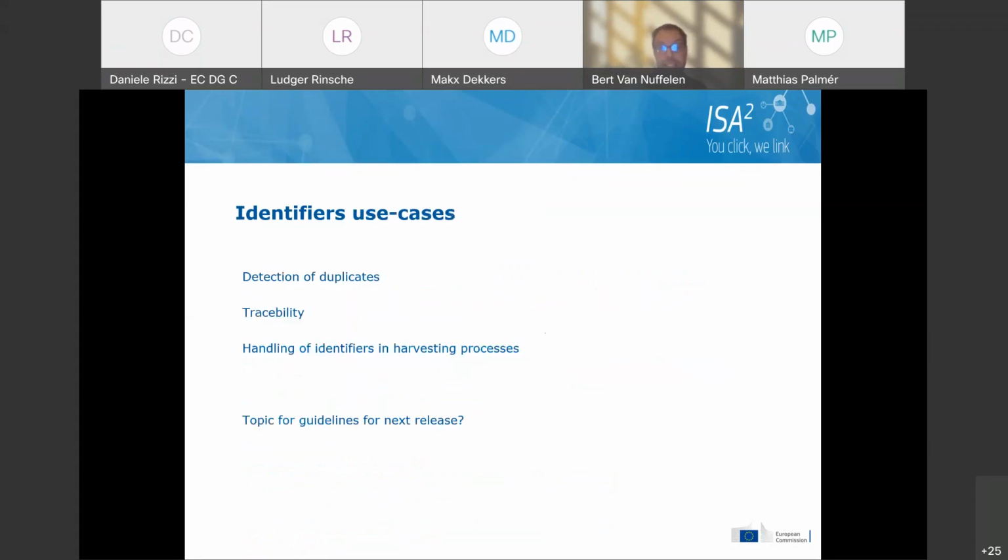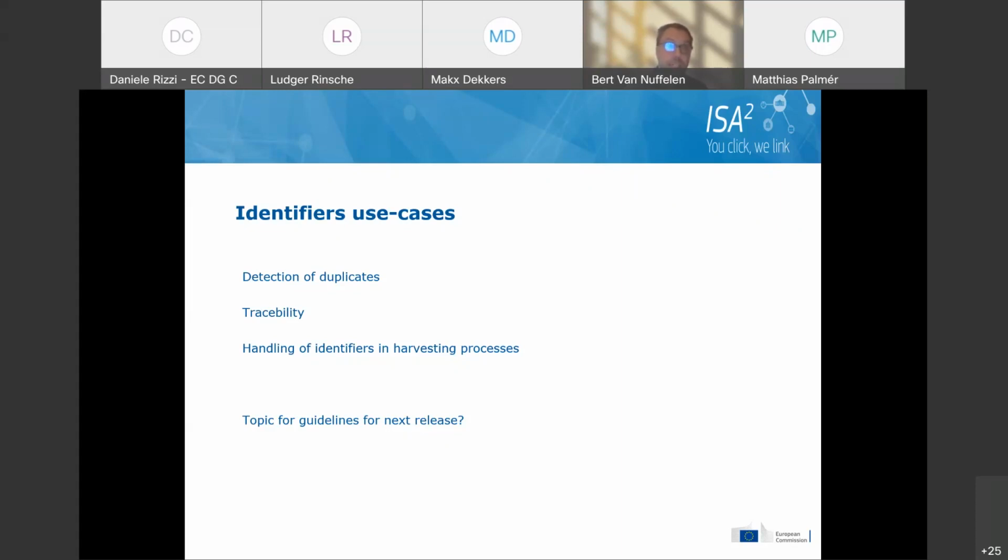So if you want, you can find that this is about the same data sets. Coming back to our original two requests: adding identifiers to every entity, or in this case the specific entity agent, and the main identifier, the second request, that it should be max cardinality 1. We are looking at the use cases for identifiers and how we should act upon that in DCAT-AP. One use case we identified is detection of duplicates.